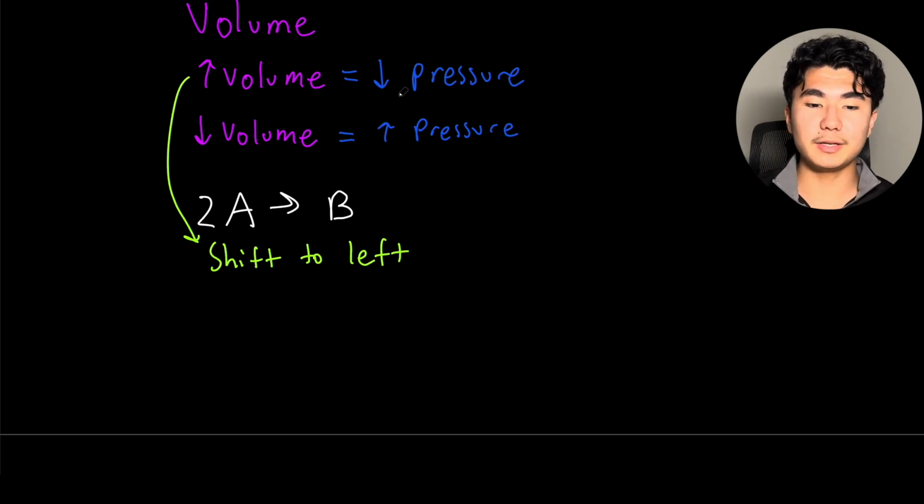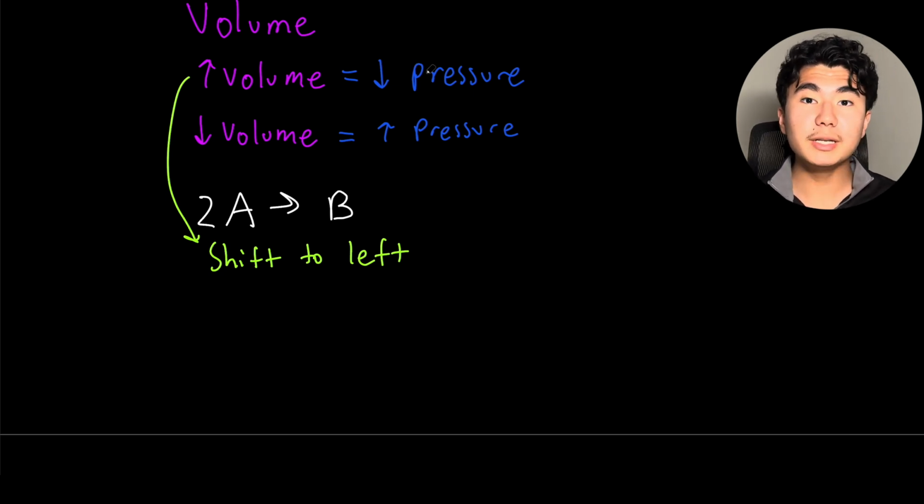So if we have a decrease in pressure, we need something to counterbalance that, and that's where those moles of gas come into play. In order to counterbalance a decrease in pressure, we need to increase the amount of moles. So we need to go to the side that has the most moles, in order to bring that back to equilibrium.